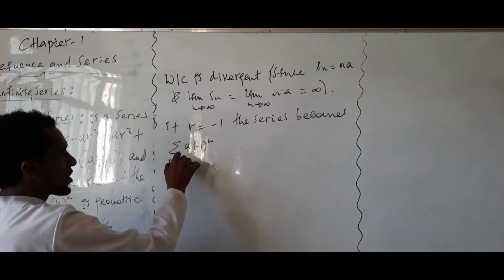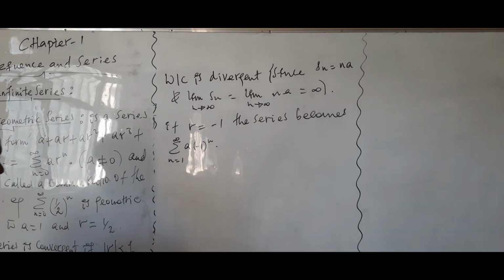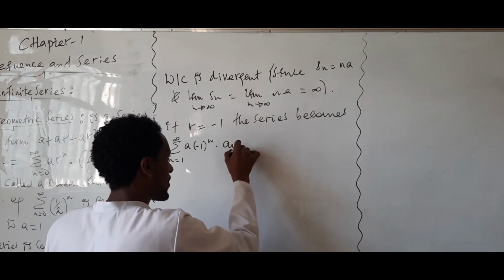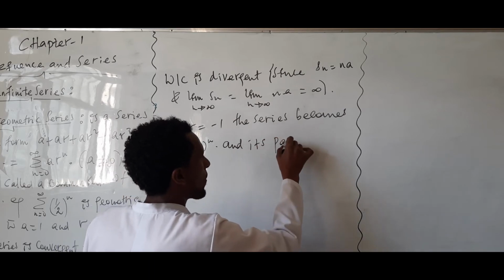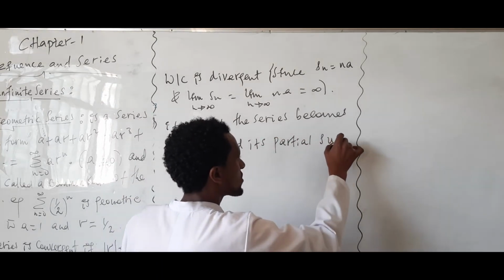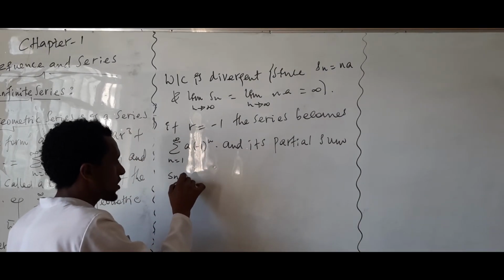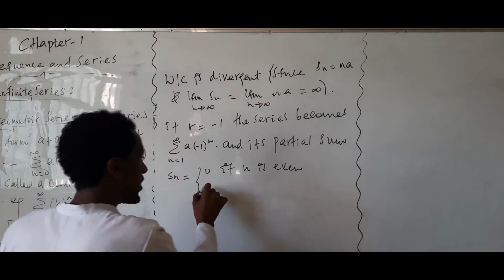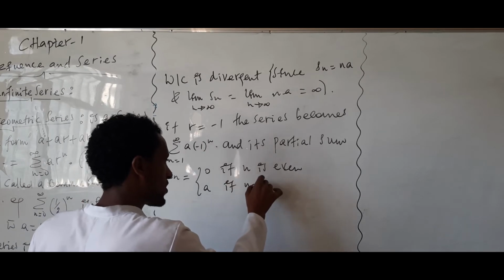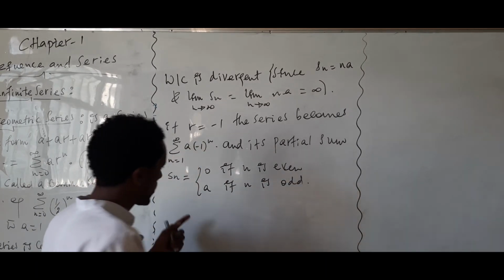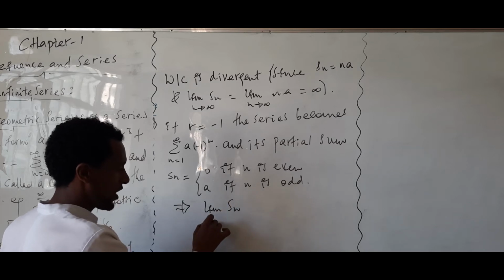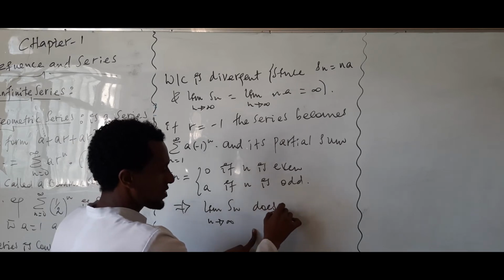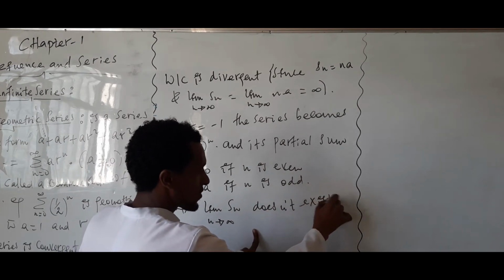And its partial sum Sn is equal to 0 if n is even and a if n is odd, which implies the limit of Sn as n goes to infinity does not exist.